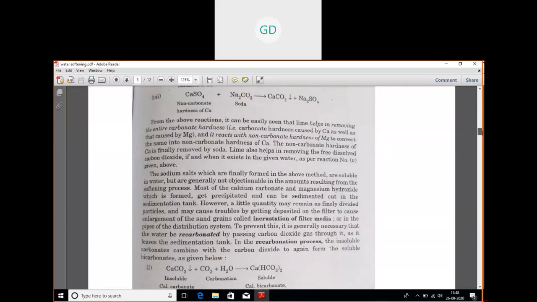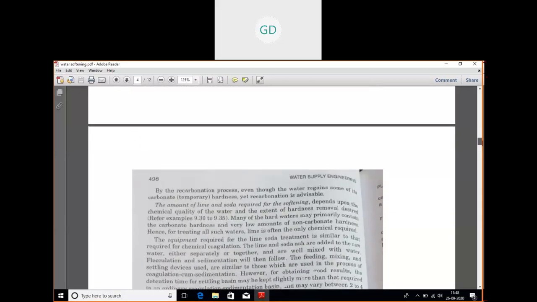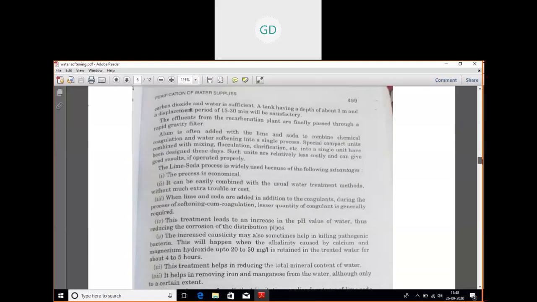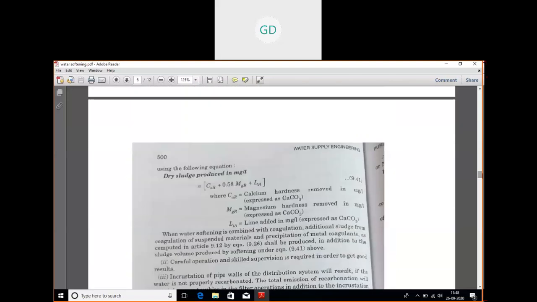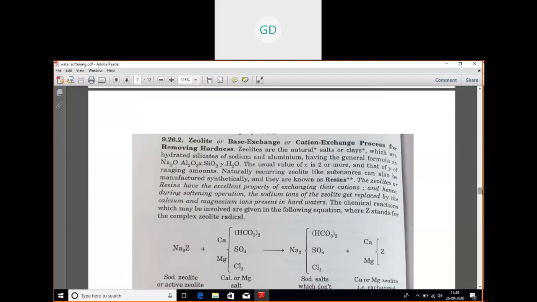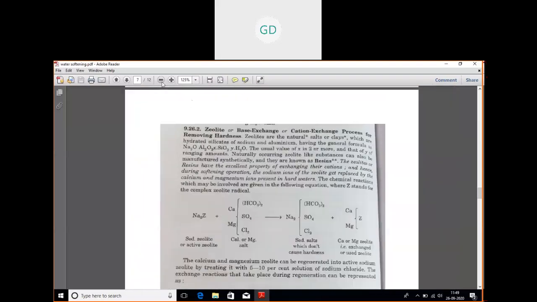This is a recarbonation plant. Everything is given here, I have clicked the photos, but no need to write all.